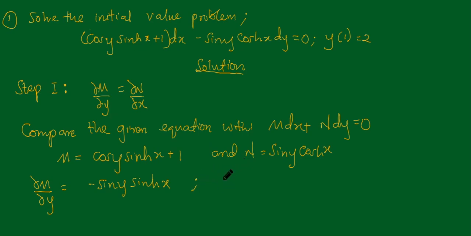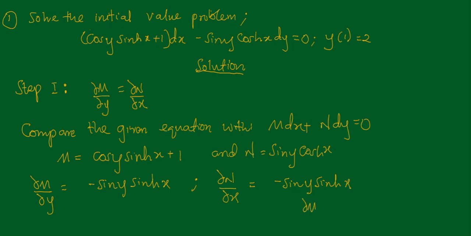We can do the same and find the partial derivative of N with respect to x. By holding y constant, and invariably sin y, we have our result as minus sin y sin x, because when we differentiate cos x, we are going to have minus sin x.